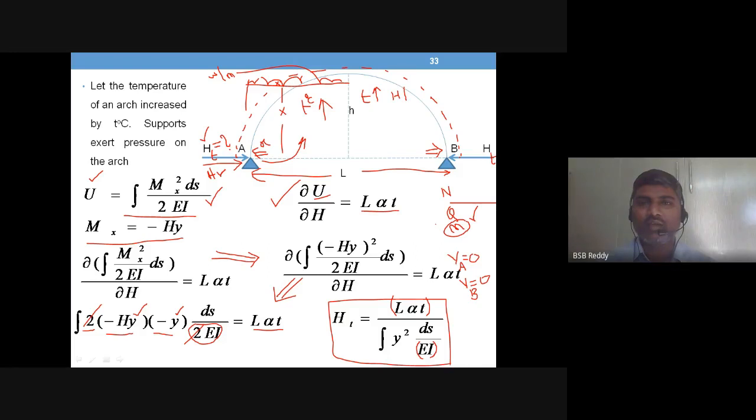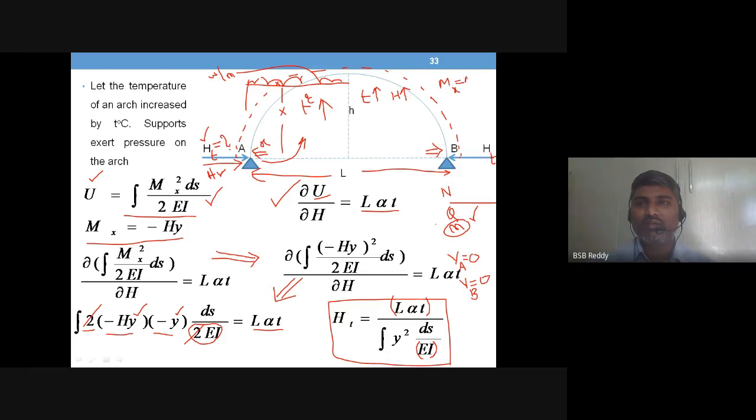So what is happening? H is increasing. Horizontal thrust is increasing. Okay, when horizontal thrust is increased, what happens to bending moment? Okay, so Mx at any point in the arch is equal to what?